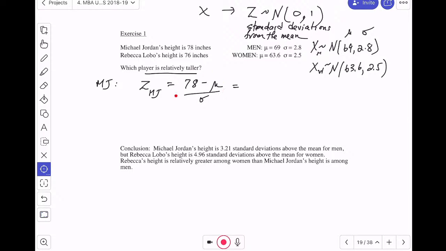So I explained in the videos, this is the relationship between z and x. You take x, you center it, so you minus the mean, and then you divide it by standard deviation to convert it into standard deviations from the mean. Okay, and this is known as standardizing.